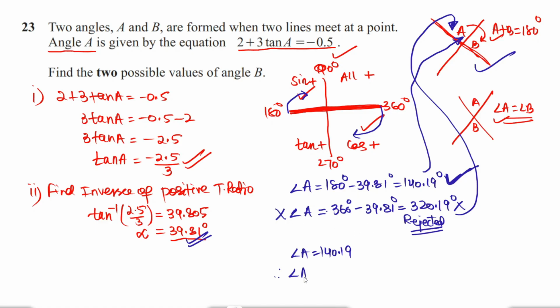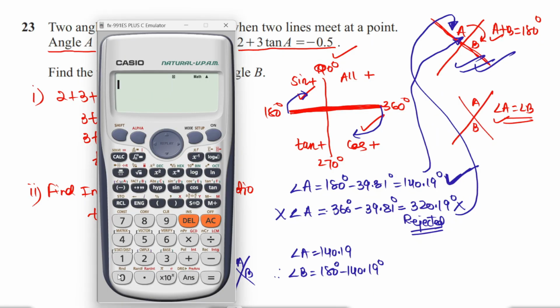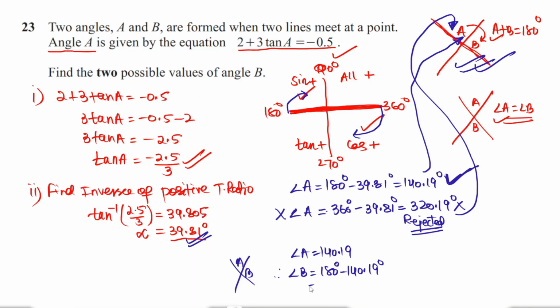So if we are taking the straight line case, then angle B is equal to 180 minus 140.19 degrees. And we got here 39.81, which could be written as 39.8 degrees.